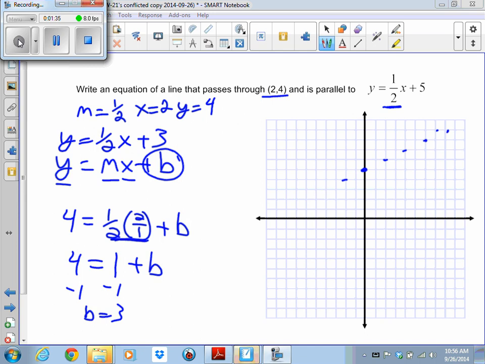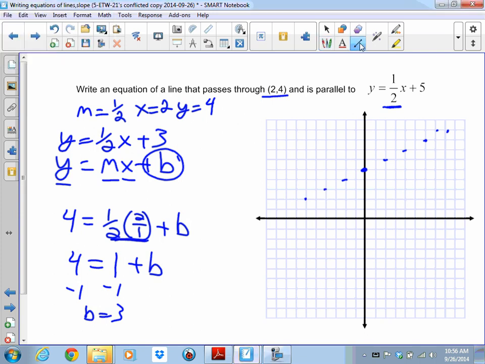So this is the line that we're talking about, and then we have our point at (2, 4).